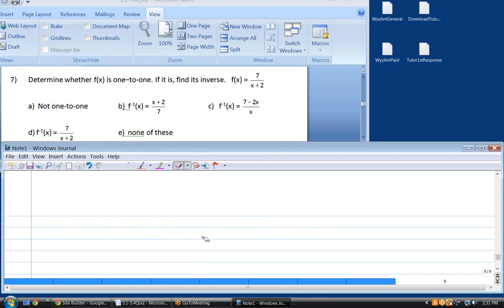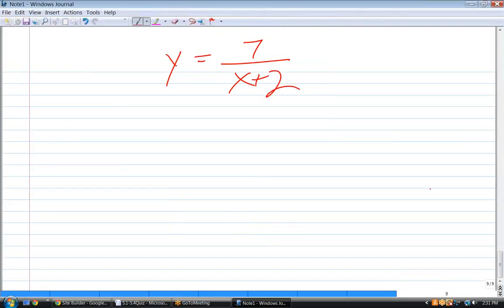So the question is, how do we solve for its inverse? Really, really easy. I can't believe this question is on here. Solving for the inverse has 2 steps. Step 1 is you switch the variables, x and y.